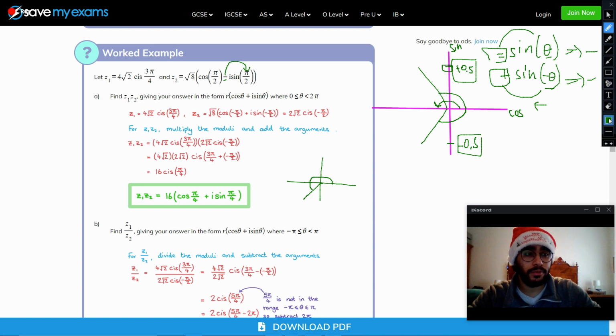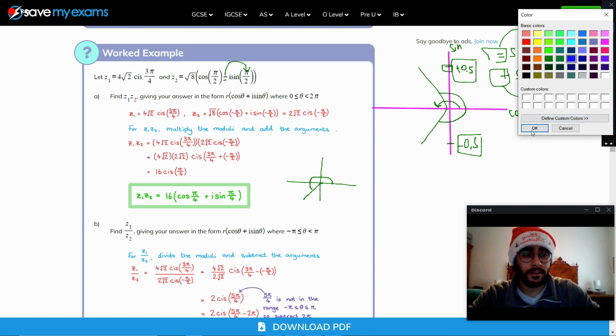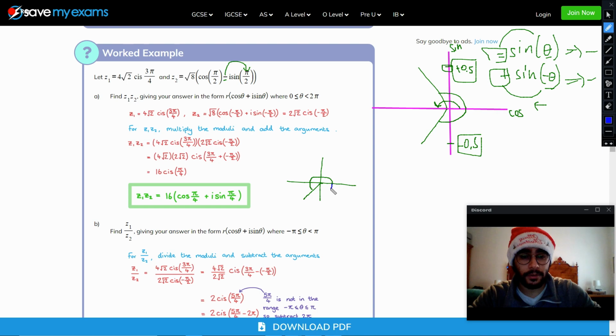Then I choose the negative of this angle, which means I go backwards and reach here. Again, you are symmetrical, so this actually works for all the angles between 0 and 2 pi. Yes, I think it works for the angles from 0 to 2 pi, so there is no problem with it.